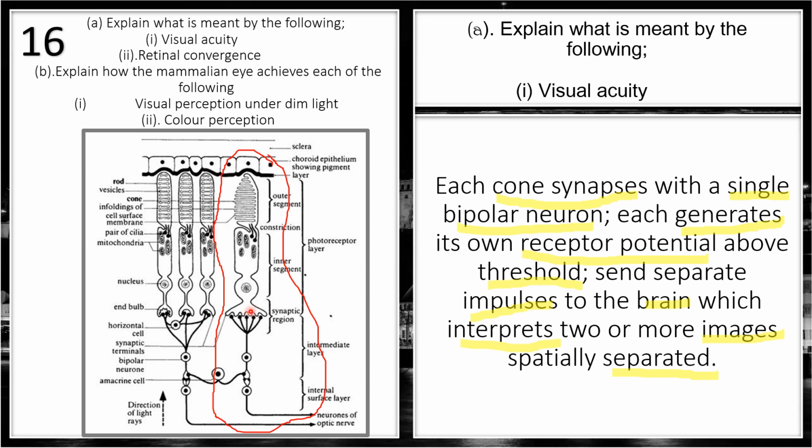It is one cone with one synapse, and the impulses will afterwards be sent to the brain through a single bipolar cell, or bipolar neuron, and then it will be interpreted, and a clear image will be observed.